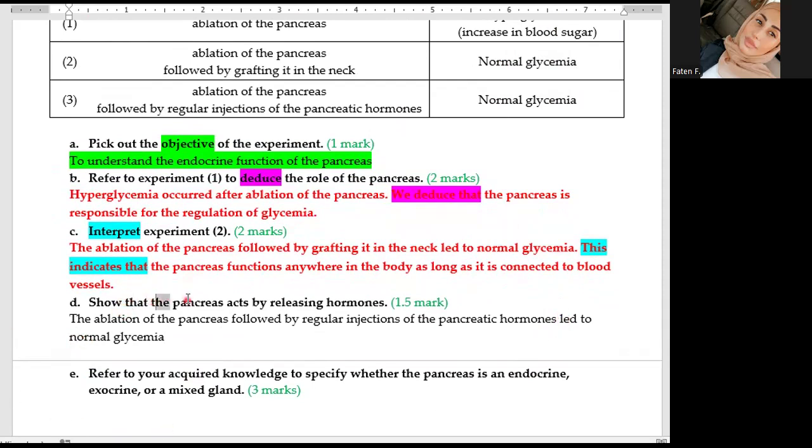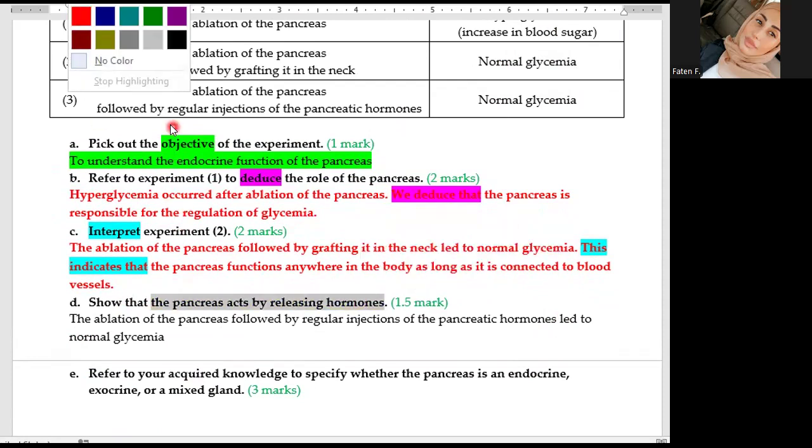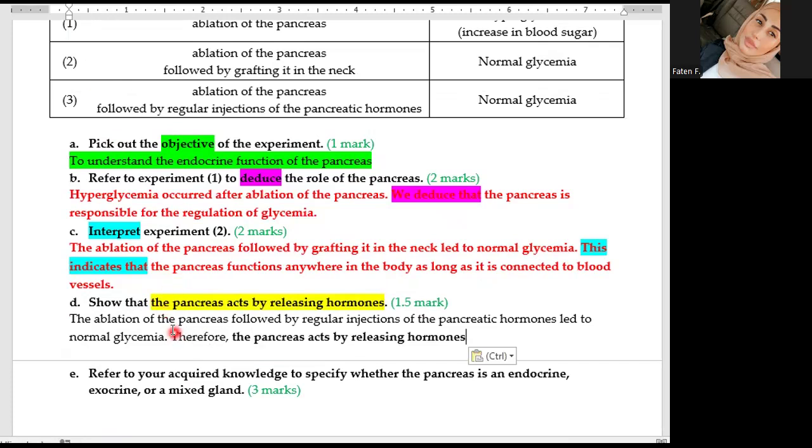It's a "show that" question, so we have to take this statement as the last statement in our answer. So therefore, the pancreas acts by releasing hormone. Okay?